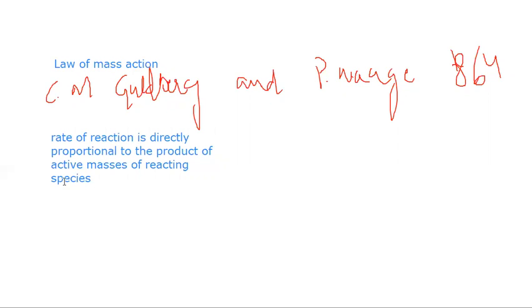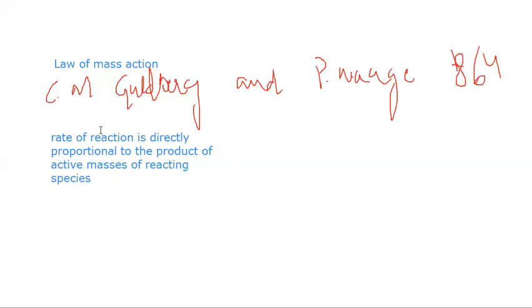According to the law of mass action, the rate of reaction is directly proportional to the product of active masses of the reacting species. Those species which are reacting in a chemical reaction, their active masses are directly proportional to the rate of the reaction.